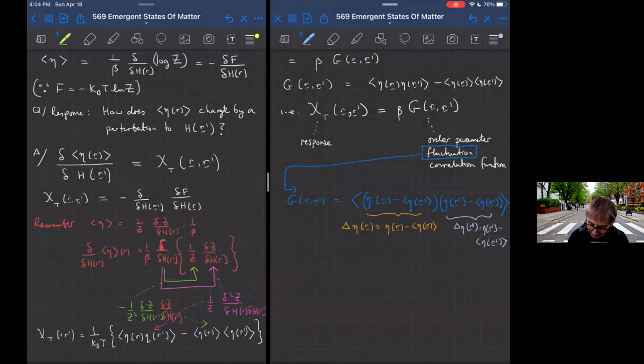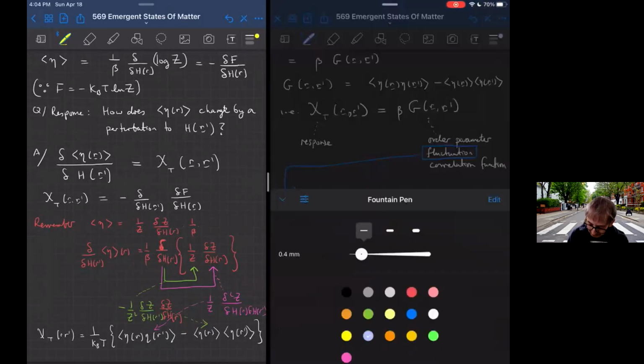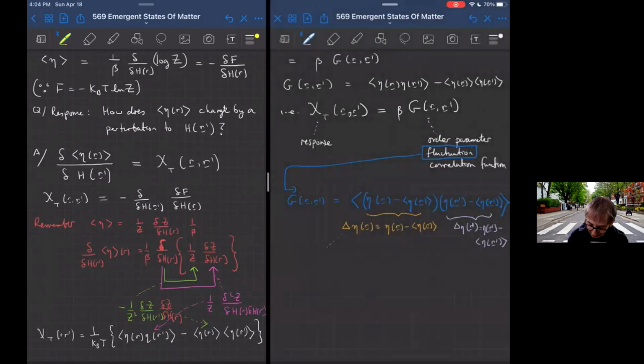And so these quantities here are just the fluctuation about the mean value.